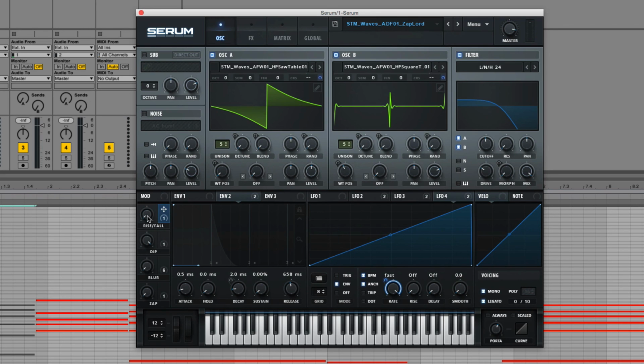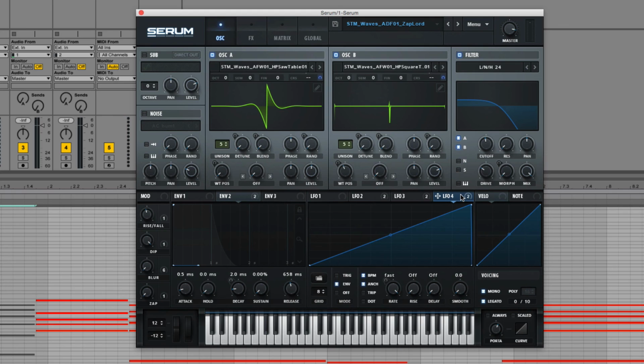The further you get to either edge, the less drastic it is. The closer to the center, the more. But it also changes its overall evolution. And how this works is it increases the rate of LFO4, or changes the rate of LFO4.